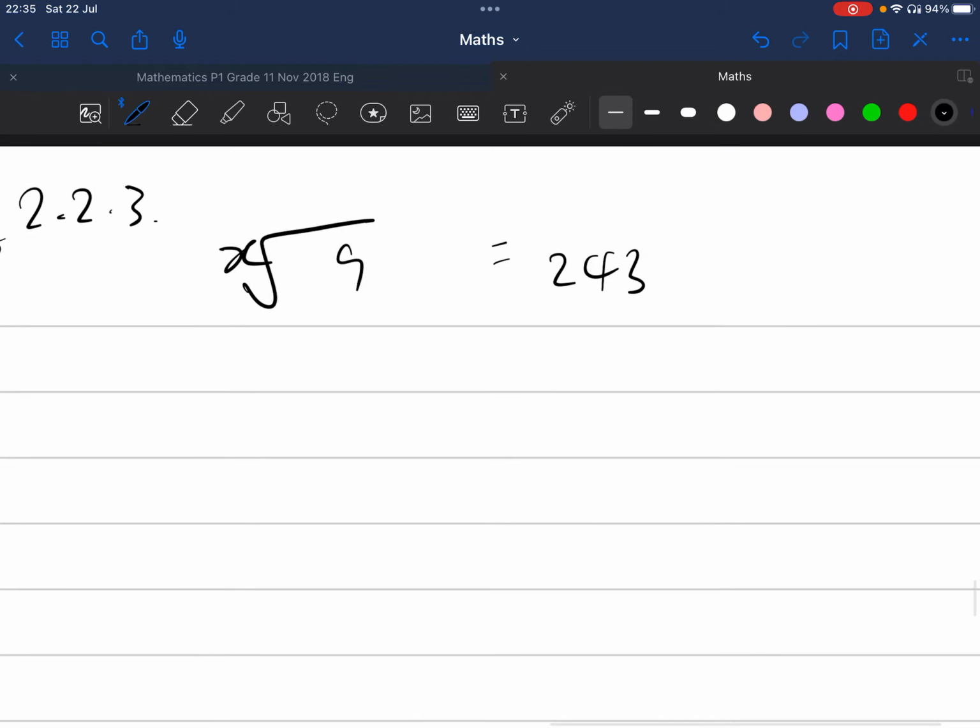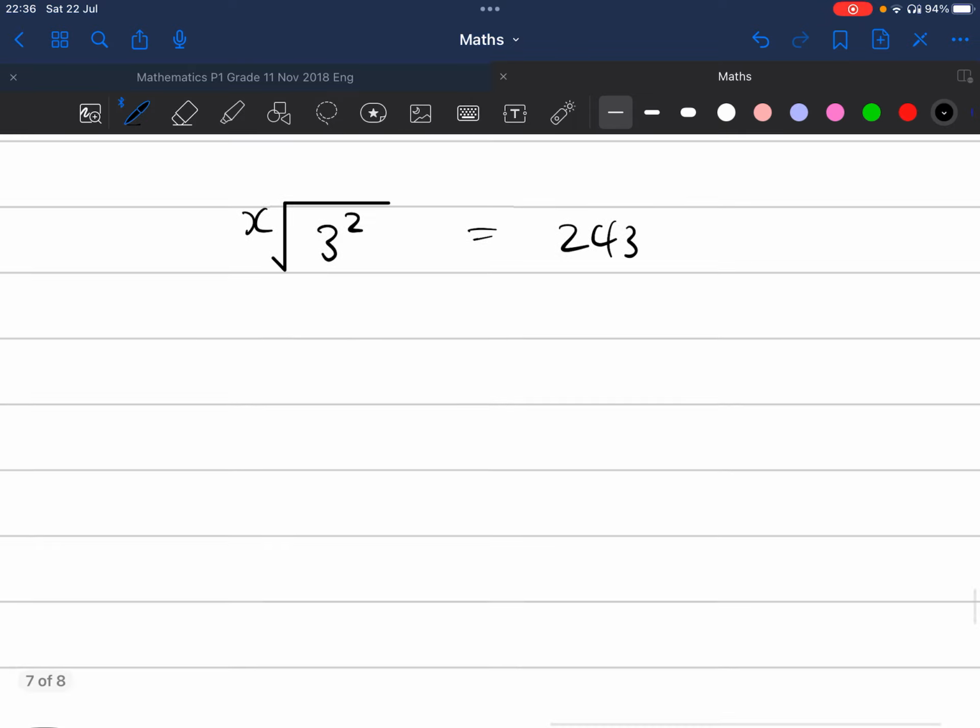But before we even do that, let's simplify what's inside the root. 9 is the same as 3 squared. And 243, if you do some trial and error, you'll realize that it's 3 to the power of 5.